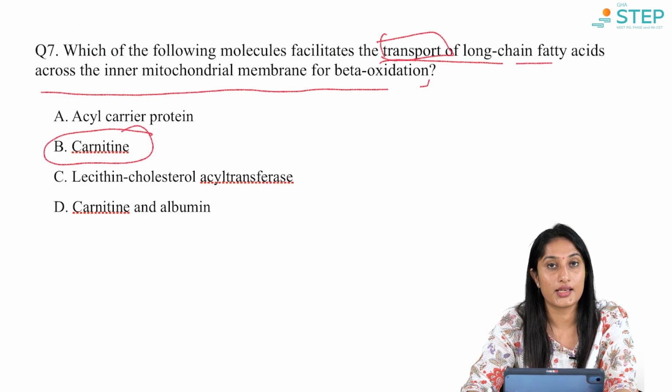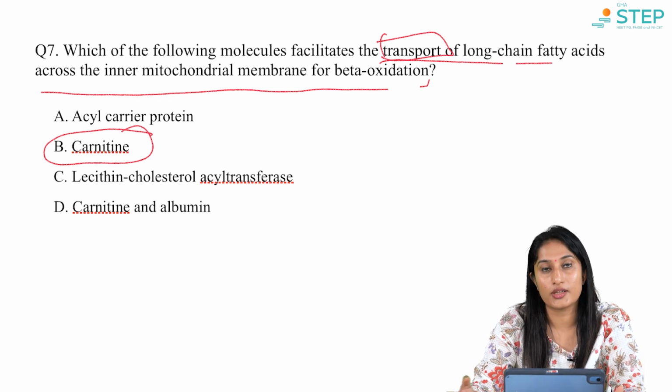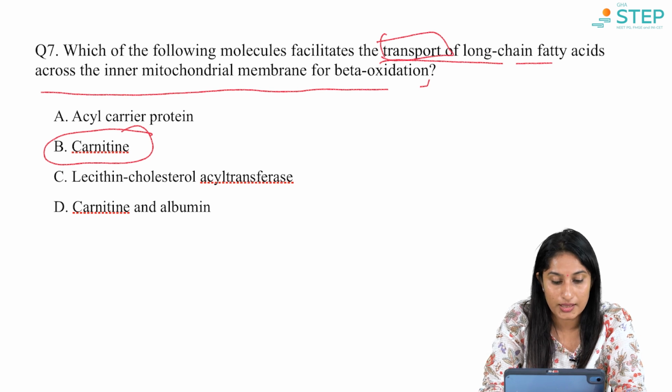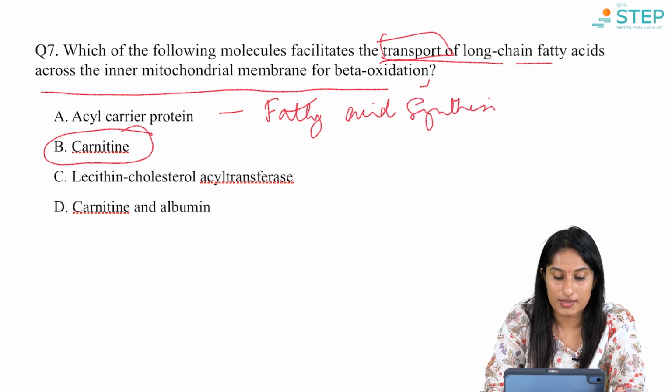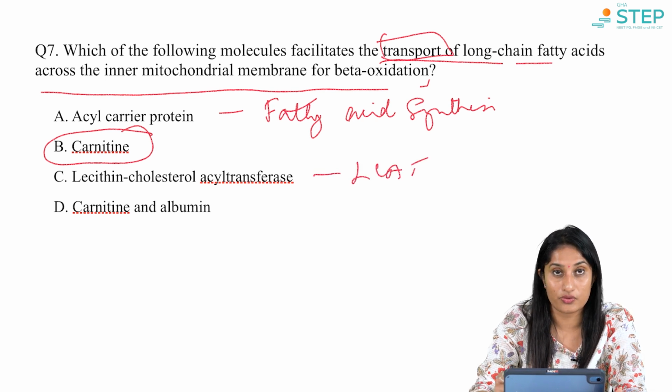Okay, so let's look at the options again. Yes, carnitine is the transporter for acyl-CoA from cytosol into the mitochondrial matrix. What about the other options then? Acyl carrier protein is not in oxidation but in the synthesis of fatty acids. What about L-CAT, lecithin cholesterol acyl transferase?